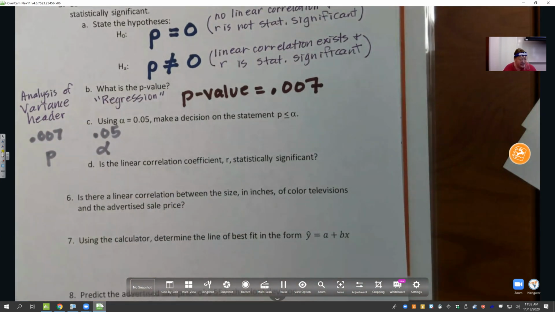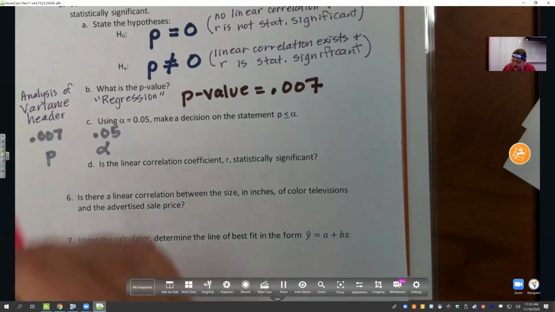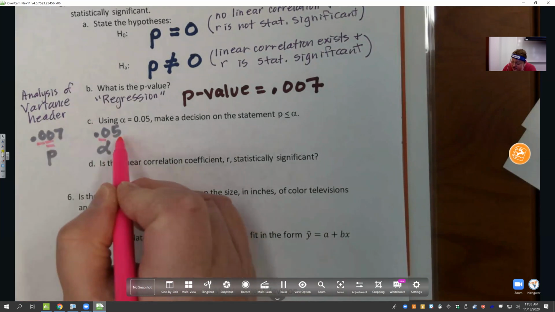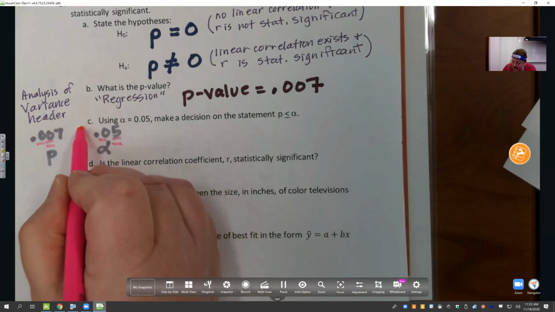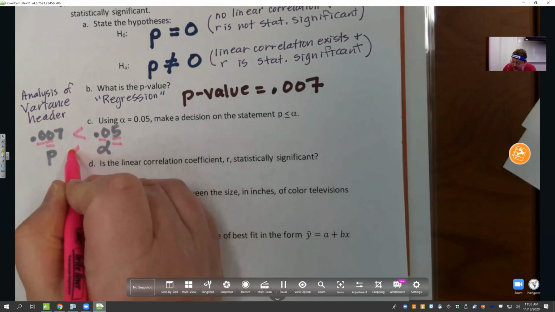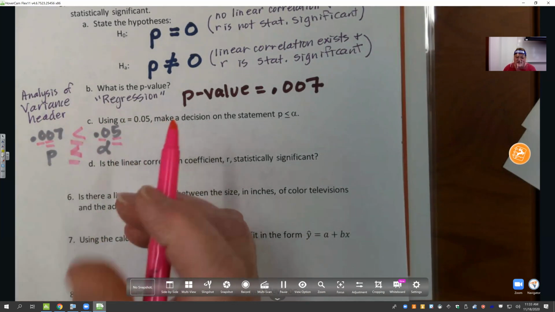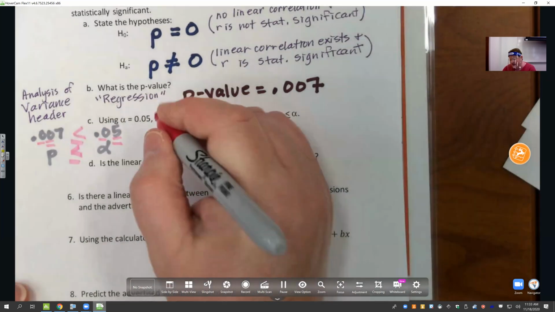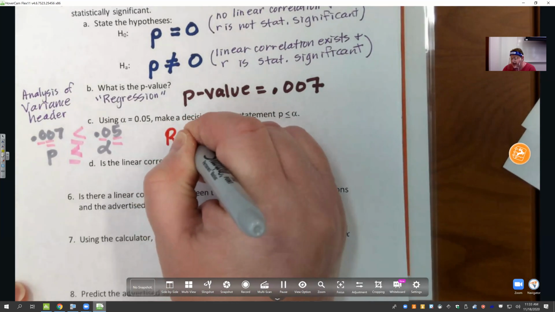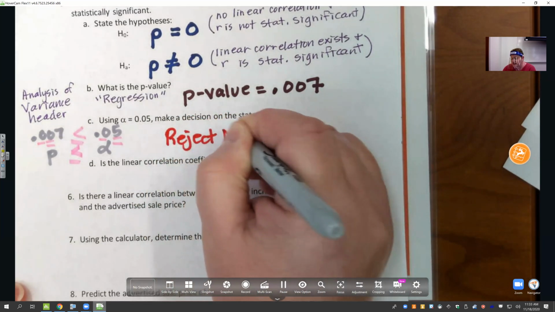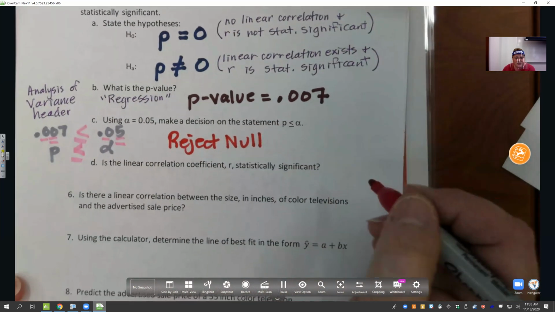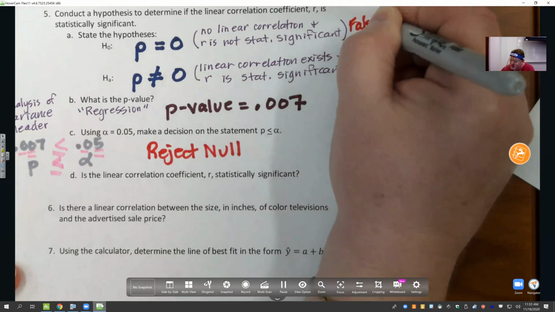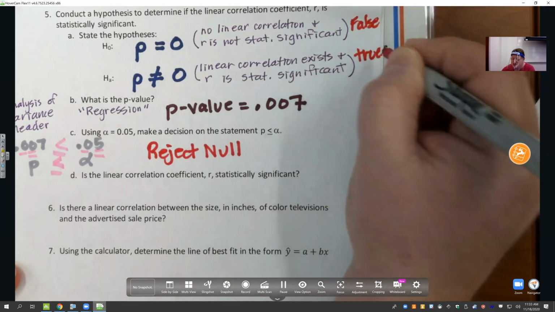And if you compare it digit for digit, you have 0 compared to 0, 0 compared to 5. 0 is less than 5, so p is less than alpha. Now, it's really always p is less than or equal to alpha. When p is less than or equal to alpha, same guidelines as we've always had, we're going to reject the null, which means the null is false and the alternative is true.